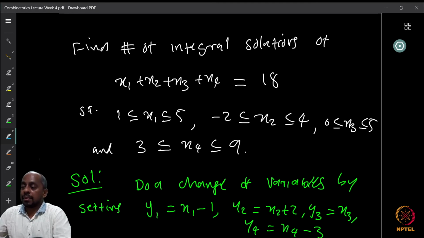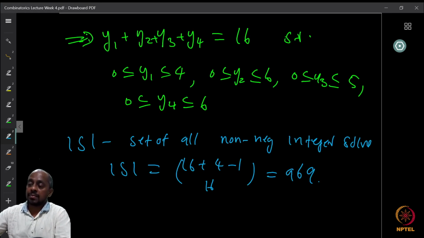y3 is x3, because x3's left hand side is 0 already. And then y4 is equal to x4 minus 3, which means that I'm going to get 0 again on the left hand side of that variable. So now if you do the change of variables, of course, you have to substitute and change the constants also, right? So then what you will get is that y1 plus y2 plus y3 plus y4 is equal to 16, after doing the calculations.